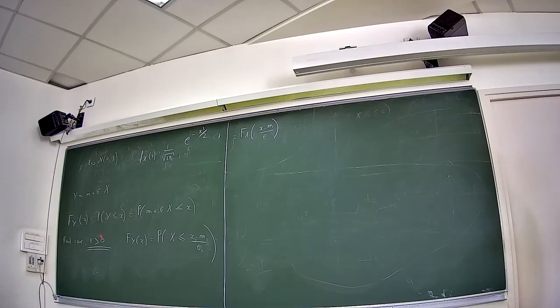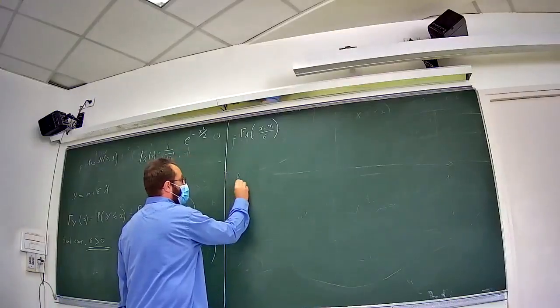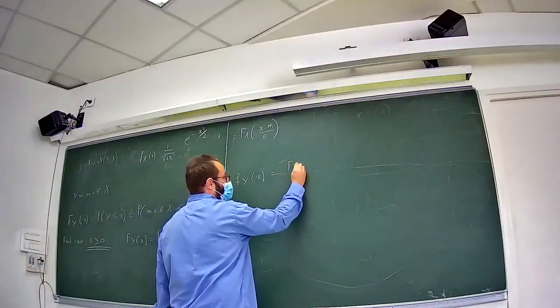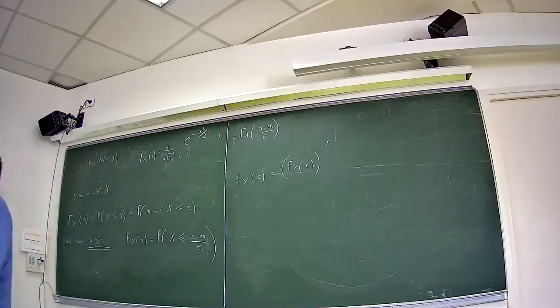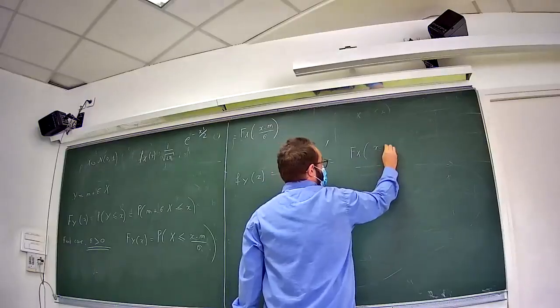So if I want to compute the density function of Y, I have to compute the derivative of the distribution function of Y, and so the derivative of this expression here. It's the only thing I have to do. So, from proposition 12, statement B, the density function of Y is given by the derivative of the distribution function, which is equal to the derivative of this mapping here.